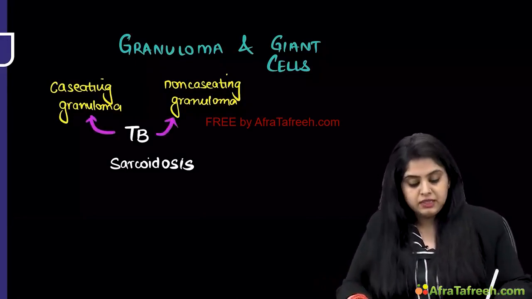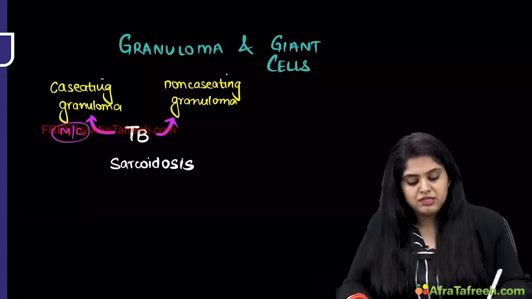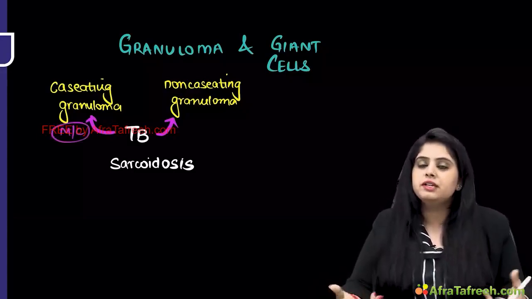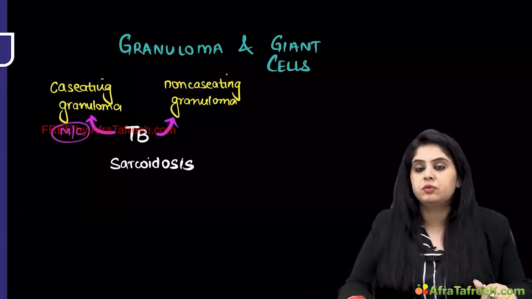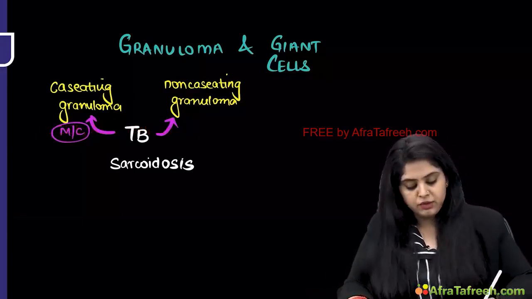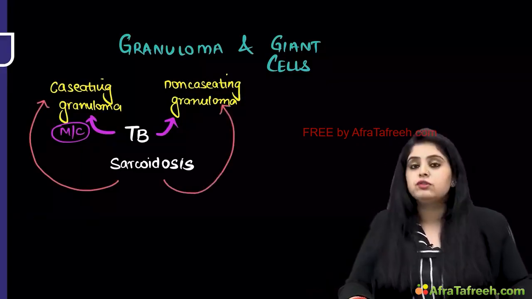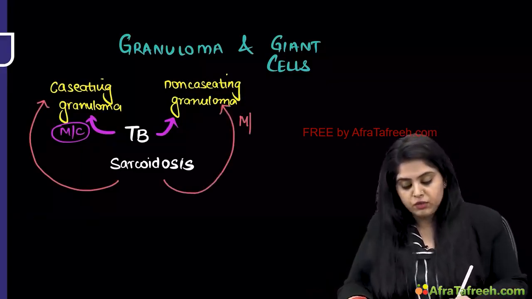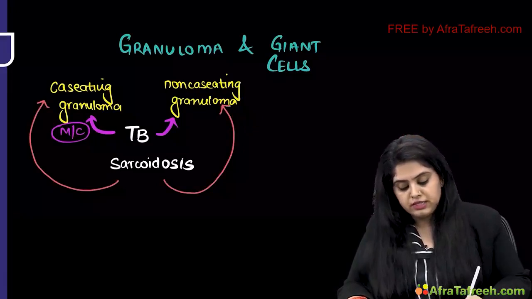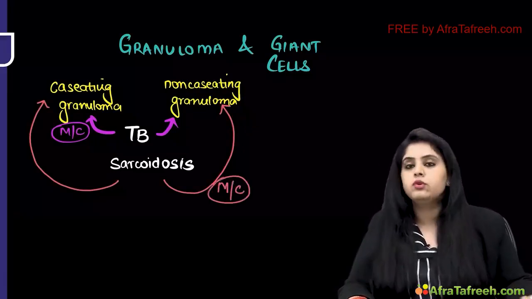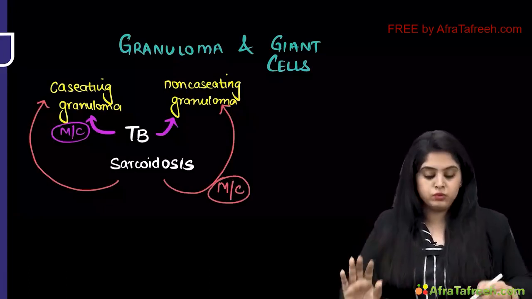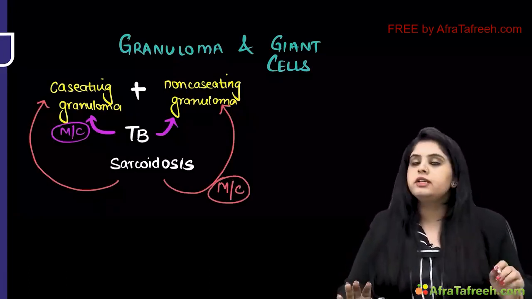However, in TB, caseating granuloma, because TB mein caseous necrosis is more common, na? So TB mein caseating granulomas are more common. Same way, sarcoidosis can also show you both. However, in sarcoidosis, the non-caseating granuloma is going to be more common. Ho gaya confusion solved? Dono mein dono. If they say, does it show you both? Yes, it shows me both.